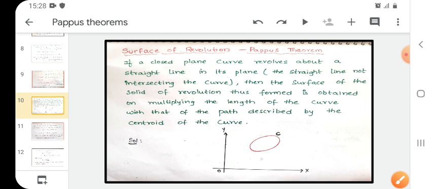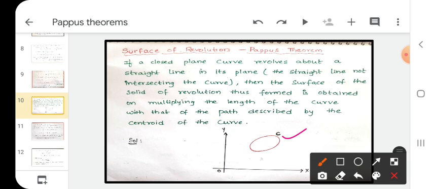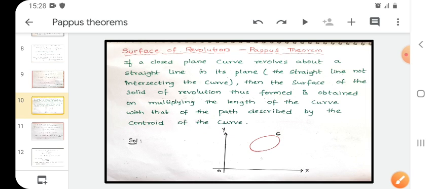Here also we take a closed plane curve that revolves about a straight line. Here we take that straight line as the x-axis. If this curve revolves about the x-axis, we get a three-dimensional solid shape. That solid's surface area equals length into the length of the path by the centroid of the curve.